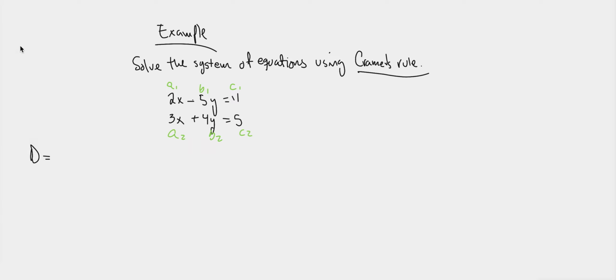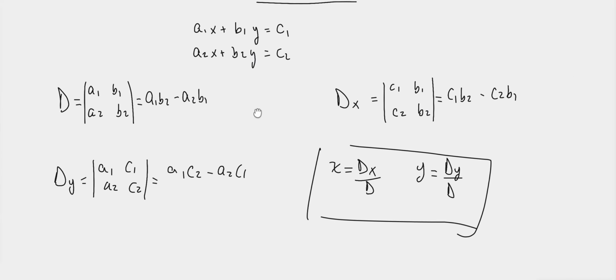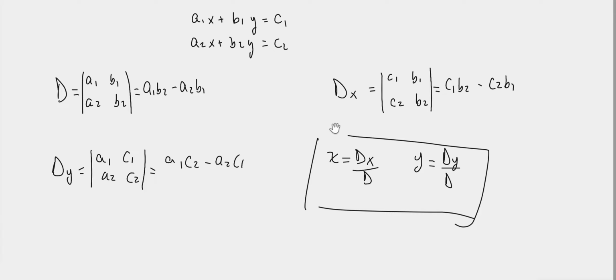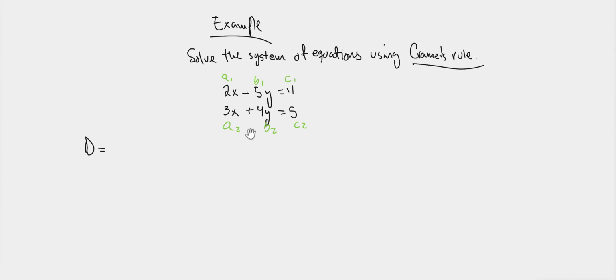How am I going to find the determinant of the constant? Well, we have these formulas here that will help us find the value of X and Y. Remember that when we're solving a system, we're trying to find the values of X and Y that make both equations true.